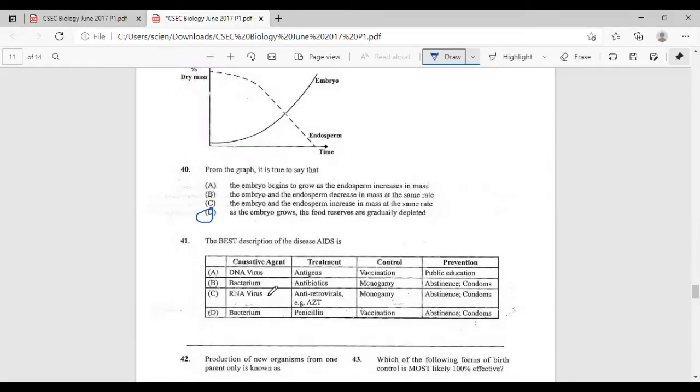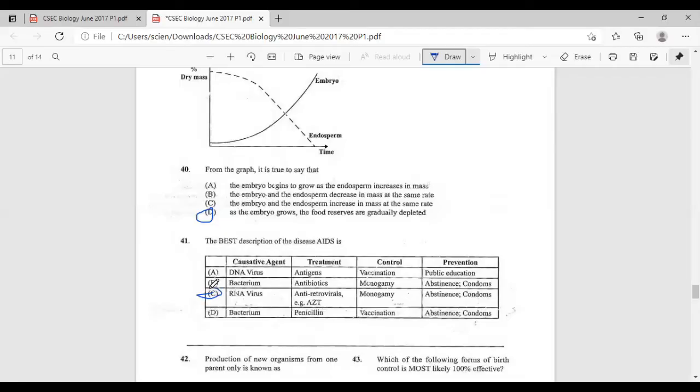C, RNA virus, antiretrovirals, monogamy, abstinence and condoms. Then D, bacterium, penicillin, vaccination, abstinence and condoms. So based on what you know about HIV and AIDS, you would have realized that C is the best option.